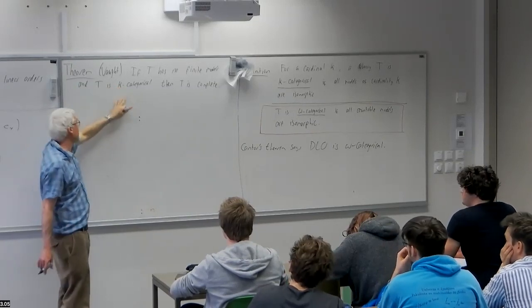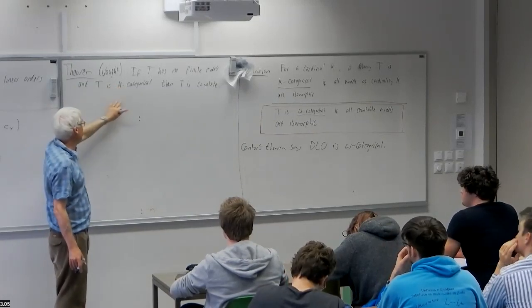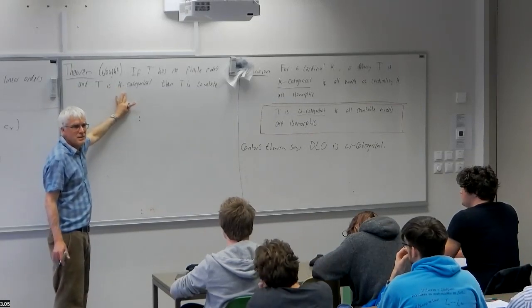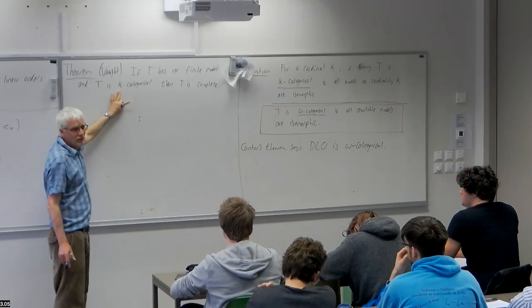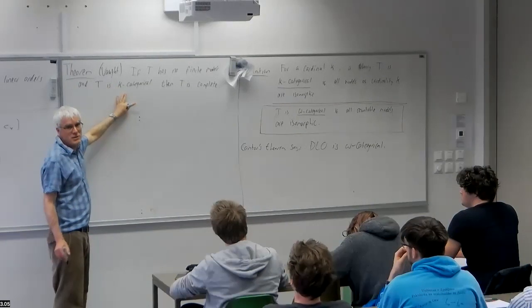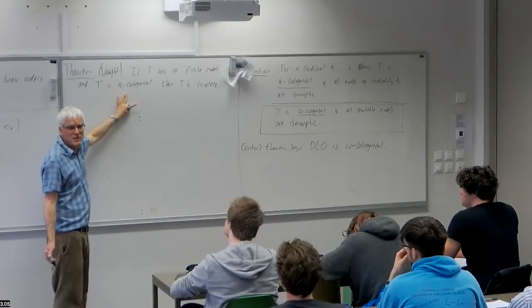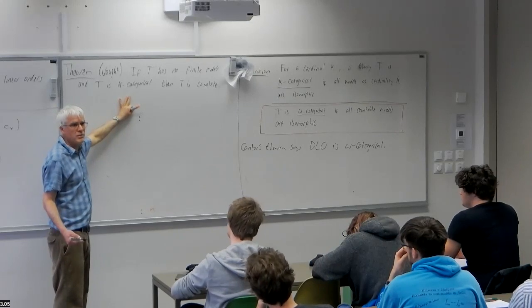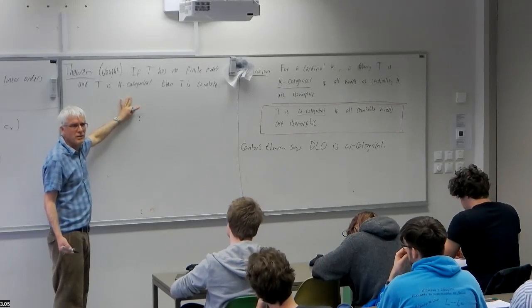But before doing that, I want to make a remark. This is actually a very important statement about cardinalities. There's a very famous example of a theory that is categorical in cardinality 2 to the aleph 0, the cardinality of the continuum: the theory of algebraically closed fields of characteristic 0.